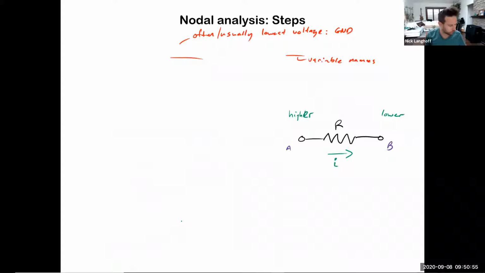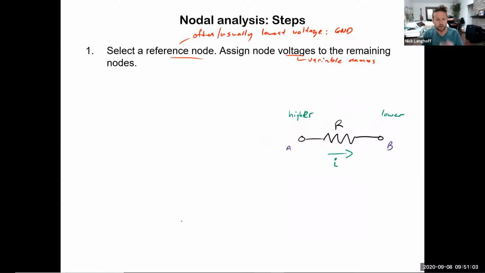All right, so let's talk about the steps for solving systems with nodal analysis. As I said, we have to select a reference node. That's usually, or even often, the lowest voltage in the system, or ground. And then assign node voltages. By assigning node voltages, I mean give variable names to the remaining nodes.